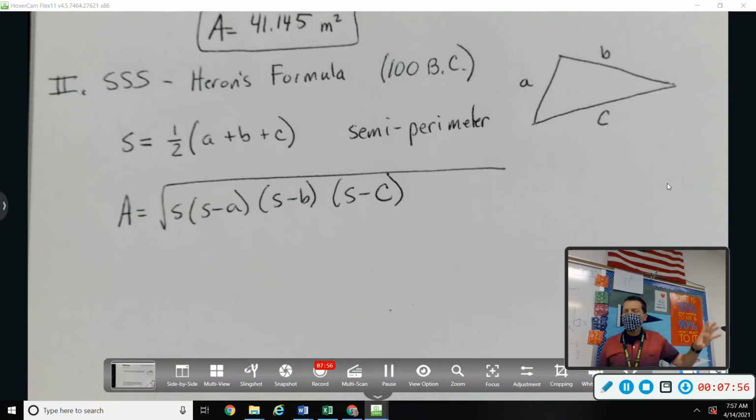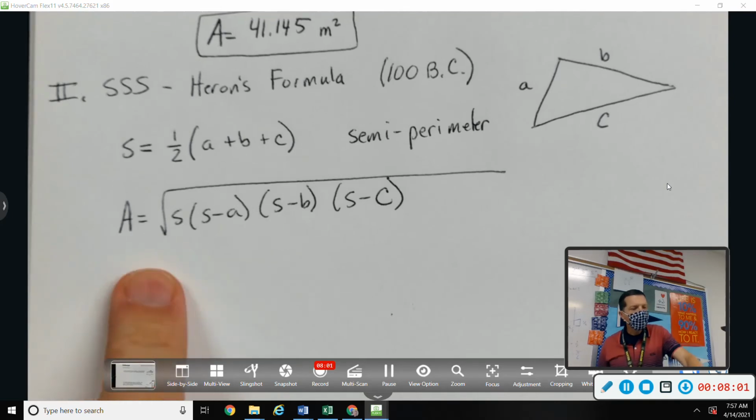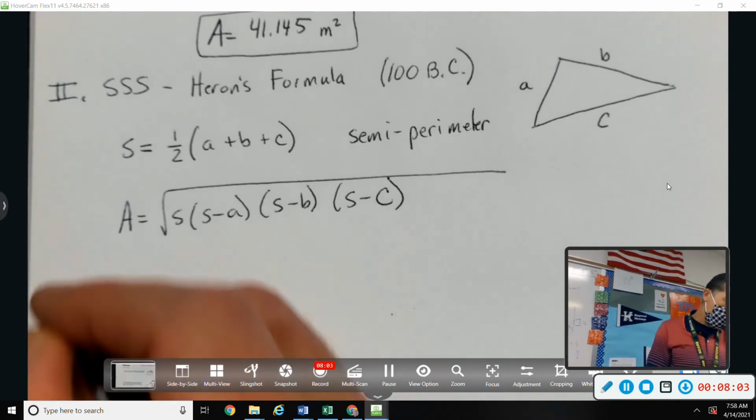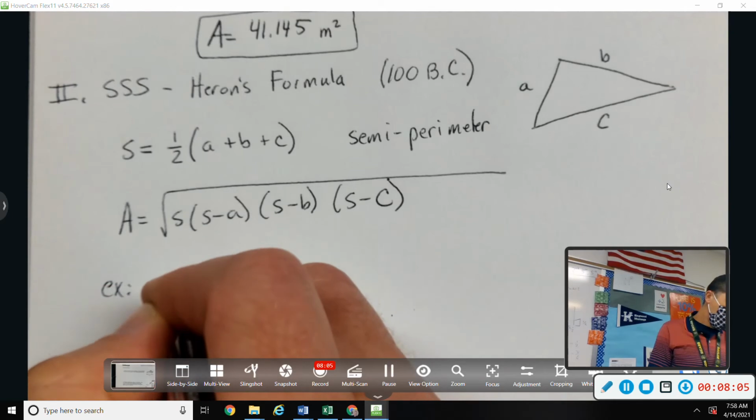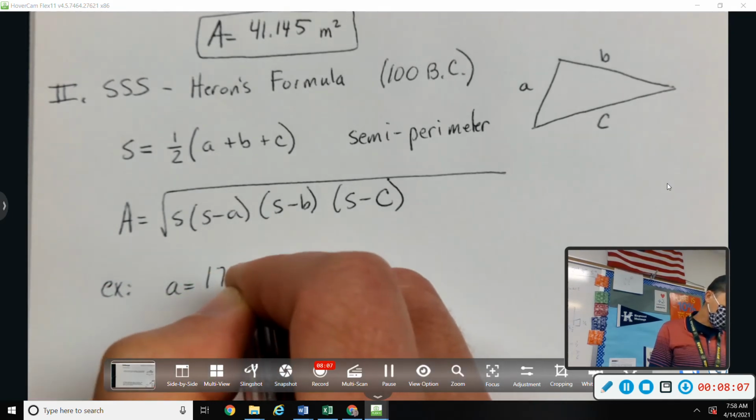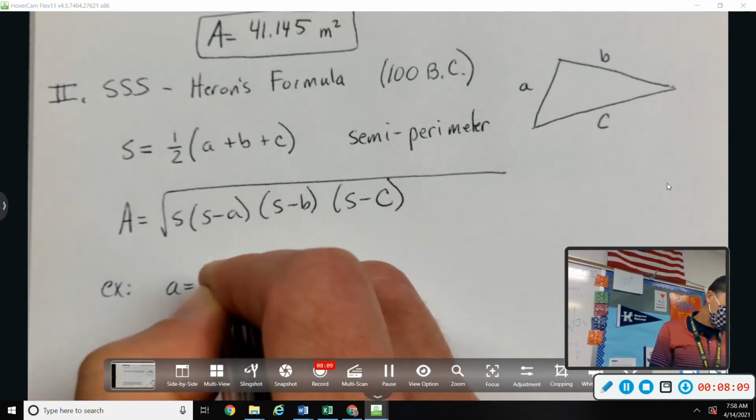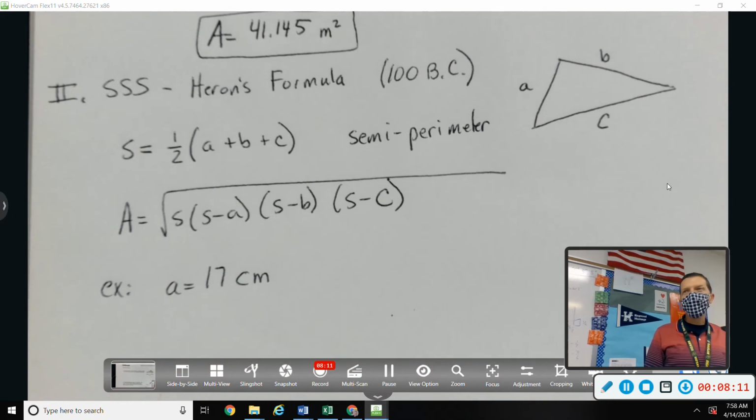So you find S first, write it down or save it in the calculator or whatever, and then use S to find the area. And again, the nice thing about this one is there's no angles involved at all, and there's no sines and cosines involved at all.